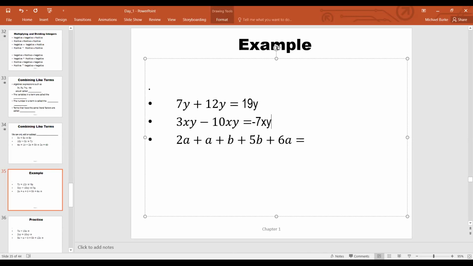So 6a plus a plus b plus 5b plus 6a is going to be, let's look at, that's not a minus sign, I don't want that.